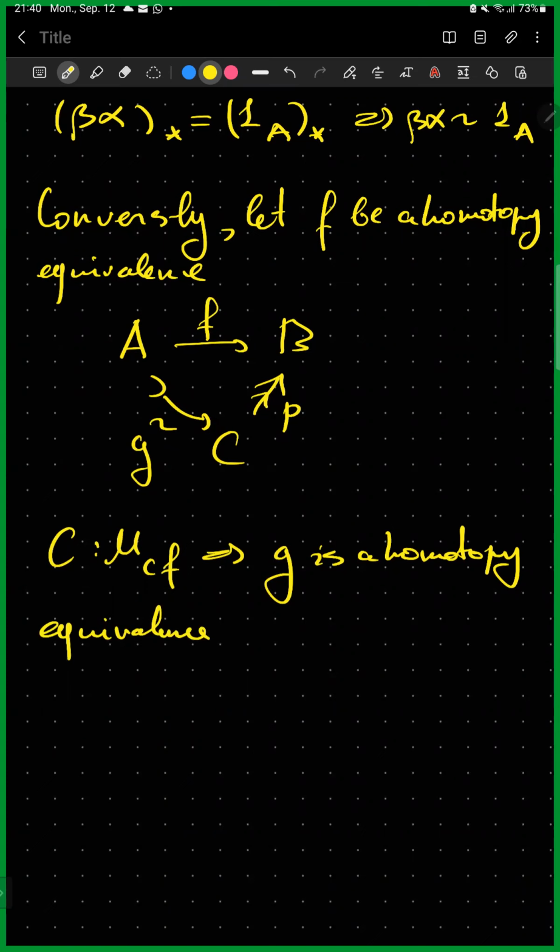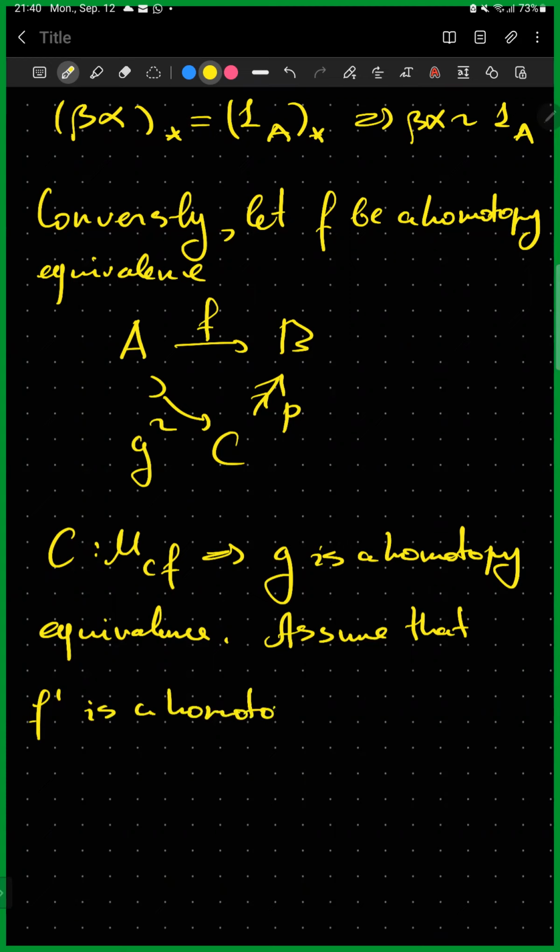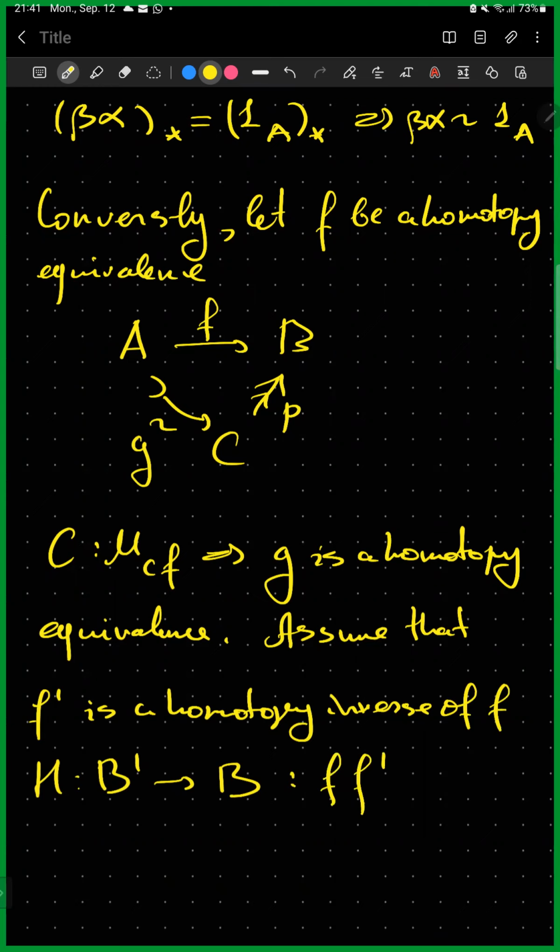Okay, and we want to show that P is a weak equivalence. So assume that F prime is a homotopy inverse of F, and H from B prime to B is in fact a homotopy between F prime and identity on P. And consider H prime, which is the lift in the following diagram.